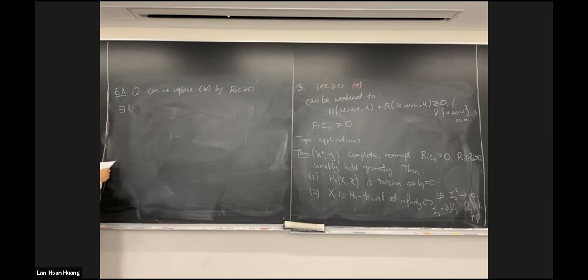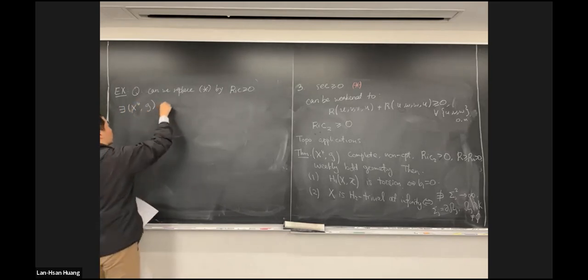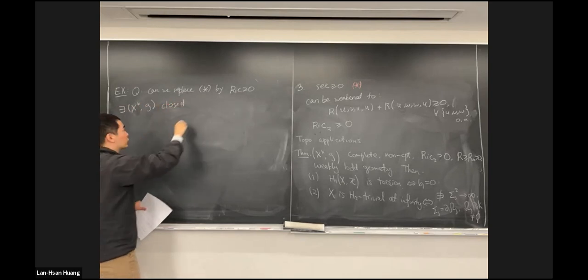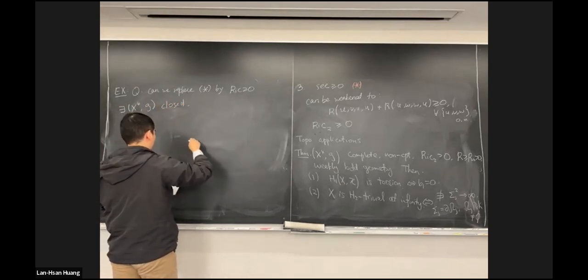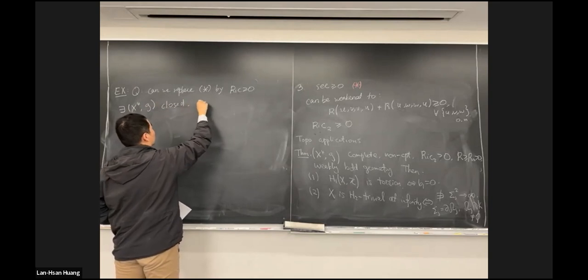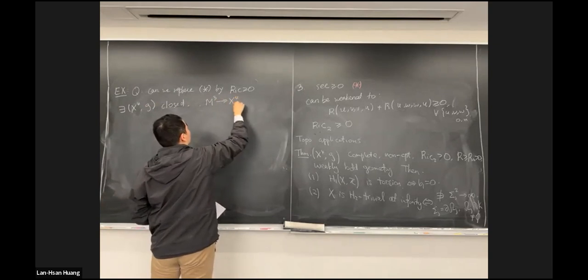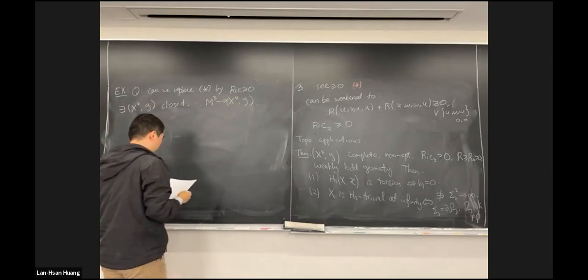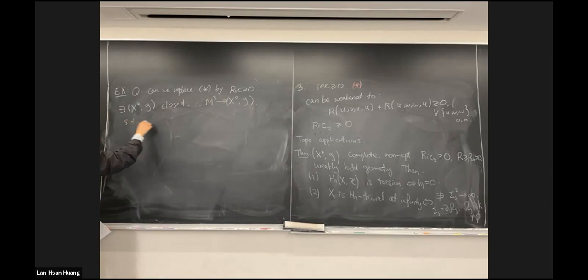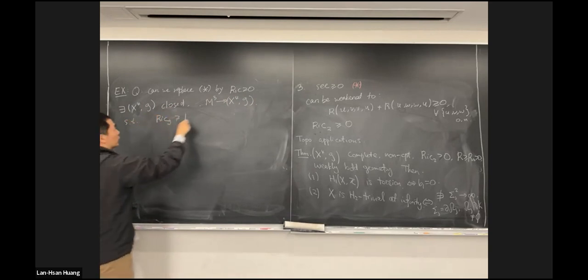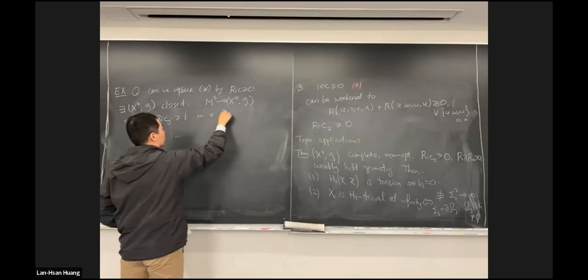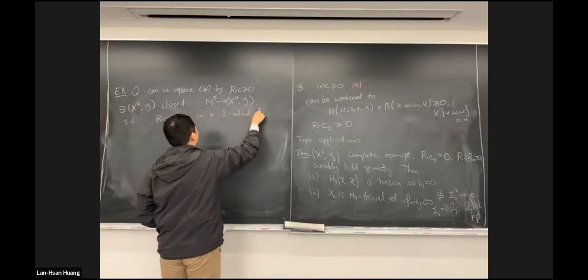There exists a four-dimensional closed symplectic manifold with bounded geometry, and a two-sided minimal immersion M3 into X4, such that the full Ricci tensor is at least 1 in some delta neighborhood of the image of this immersion.